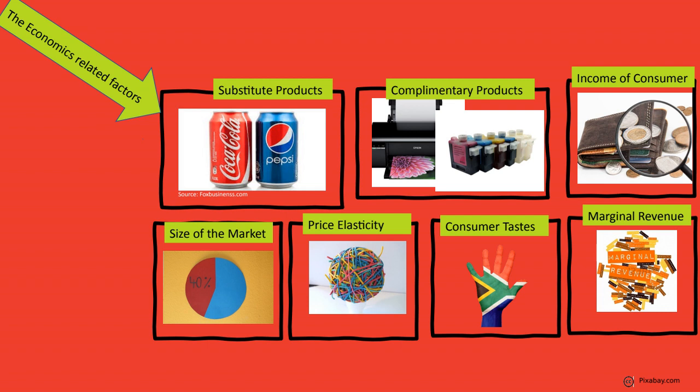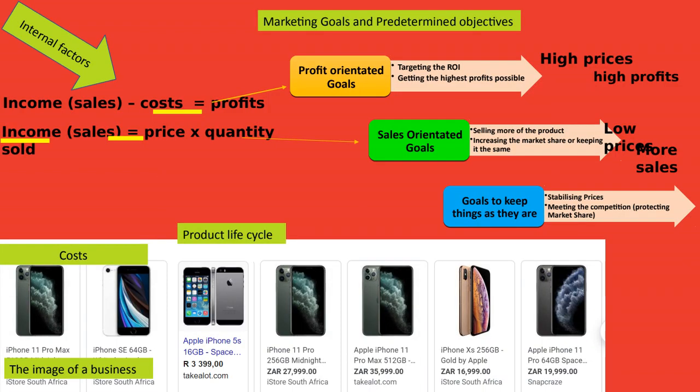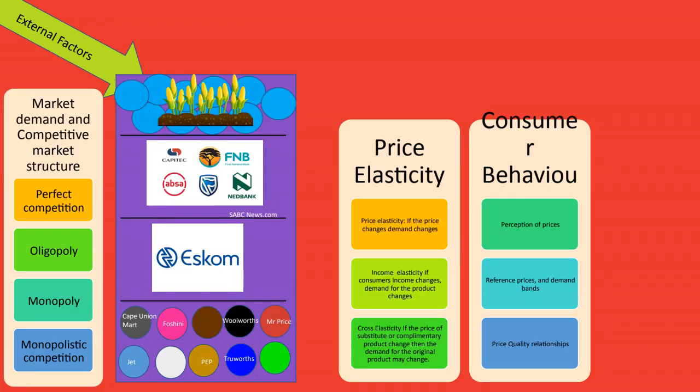So all these factors influence the pricing of products and services, as do the individual company goals, the marketing goals that a specific company sets for itself, whether they are profit orientated, whether they are sales orientated, whether they are kind of going concern, keeping things going perspective. All these elements affect pricing.